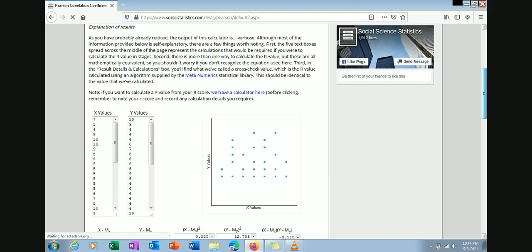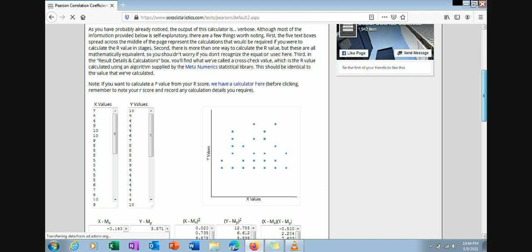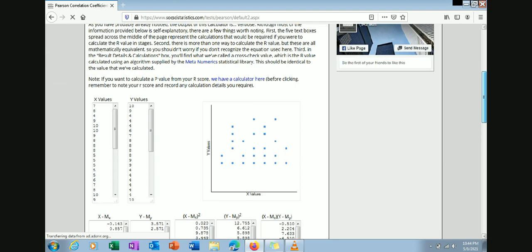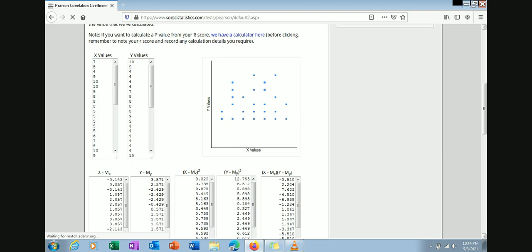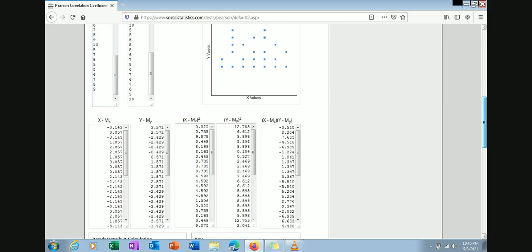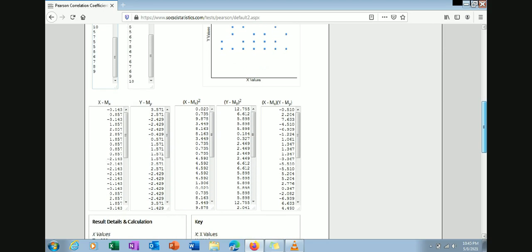So, meron din po tayo ditong graph. So, yan po yung kanina, yung na-input nating data. So, meron po rin ditong key, which is yung x and y are the values.